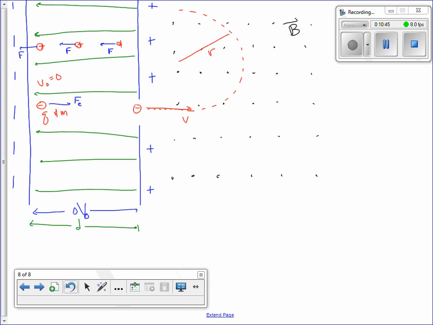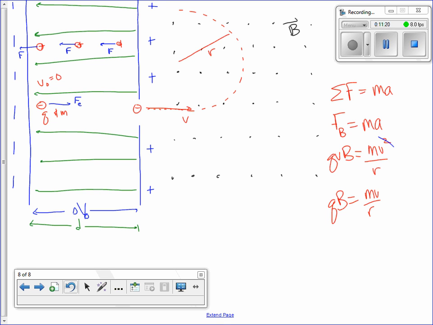Where out here, if we do a net force equals ma, what's the force? It's a magnetic force. And how do we quantify that magnetic force? QVB. And the acceleration is v squared over r. So we can write this as QB equals mv over r.